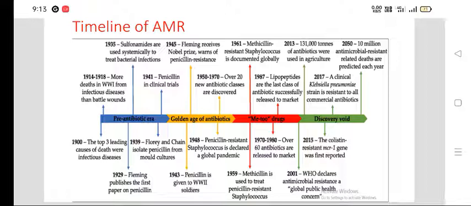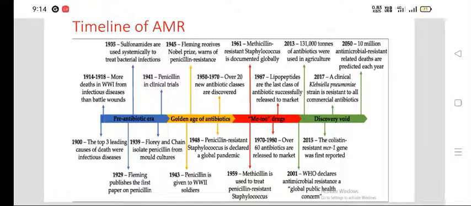But again in 1961, MRSA, methicillin-resistant Staphylococcus aureus, was documented globally. Then from 1970 to 1980, in those 10 years, over 60 antibiotics were released in the clinical market.